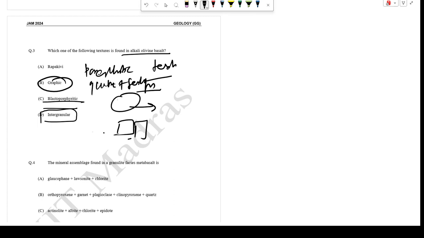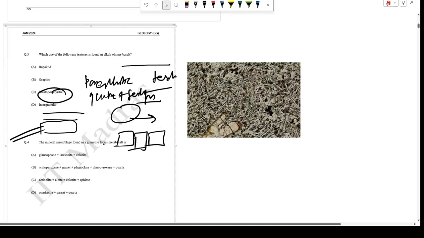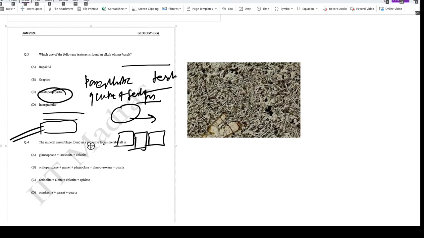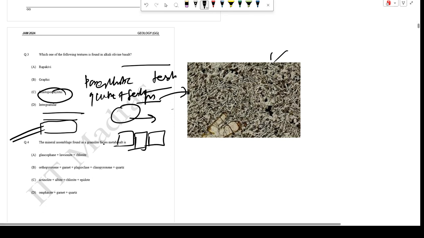This is very important, and it is commonly found in basaltic rock. So based on this description, our answer is intergranular. So the answer to this question is D, and this is the diagram.